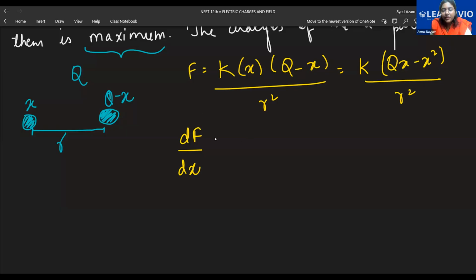So if you differentiate, you have K by R square, which is the constant term, so it will come out. You are left with Qx minus X square. From Qx, Q is the constant term, so Q will be there. X to the power 1 minus 1 is 0, and any variable to the power 0 is 1. Understand this differentiation. It's like 3x.